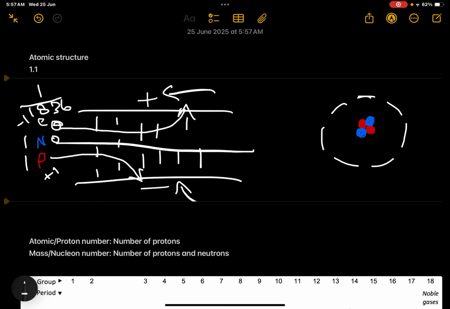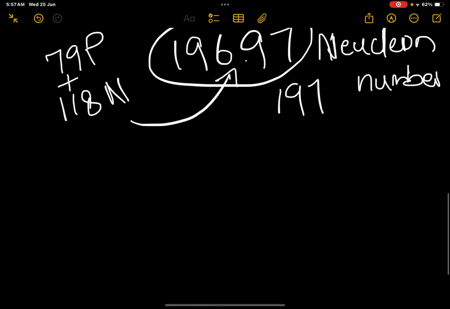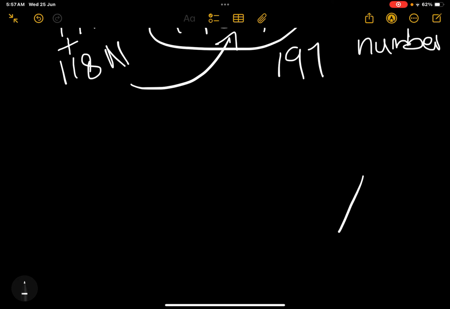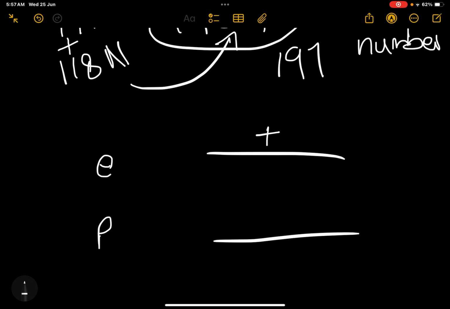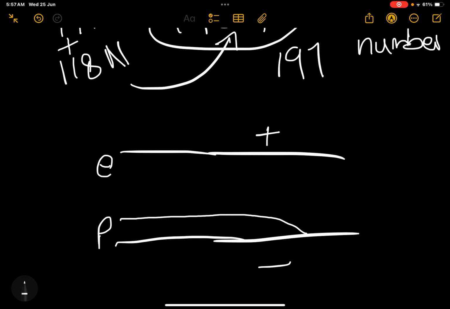There's one difference between the way an electron would act and a proton would act. Since this diagram is quite messy, we're going to do it again down here. The electron is a lot lighter than the proton. So in an electric field, let's extend this out till here and here. The proton would hit the negatively charged plate after it travels some distance, and we're going to see the difference over here.